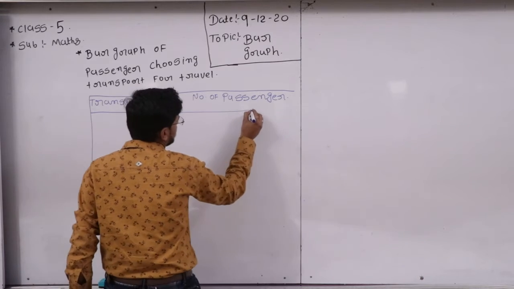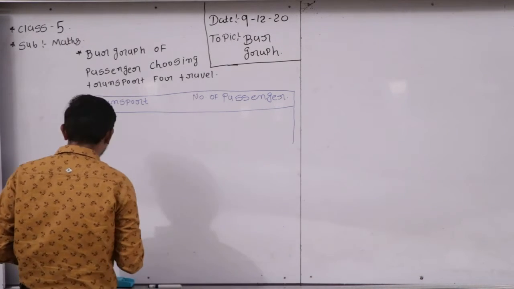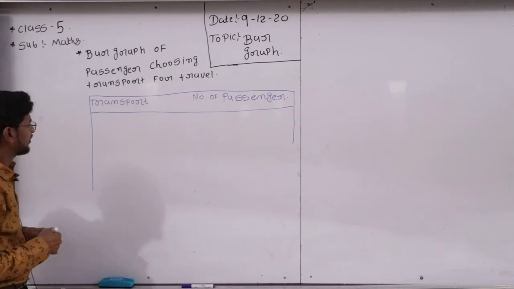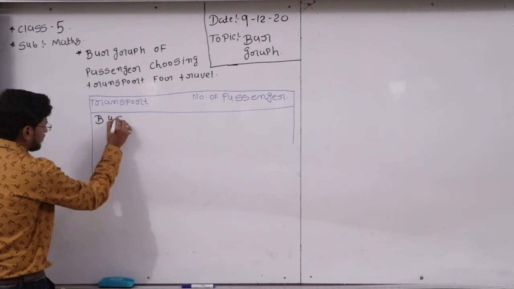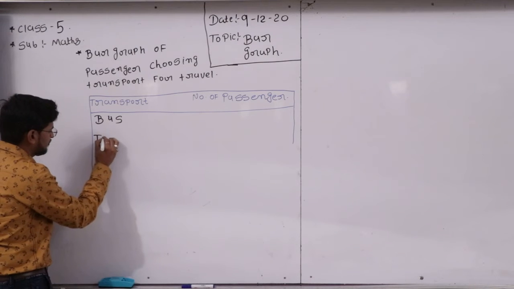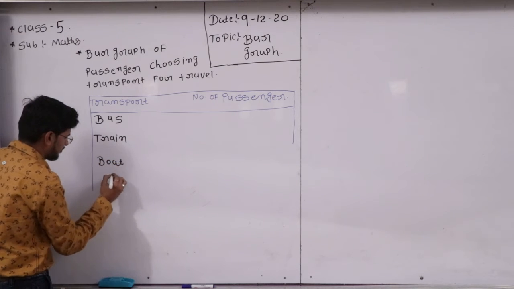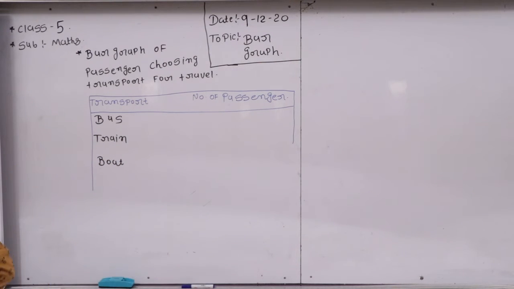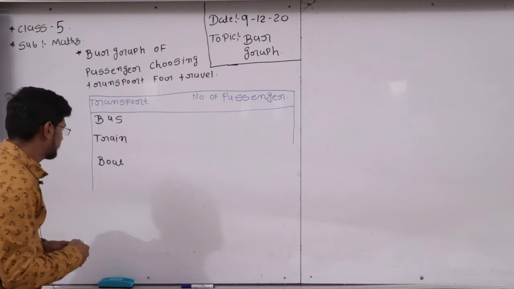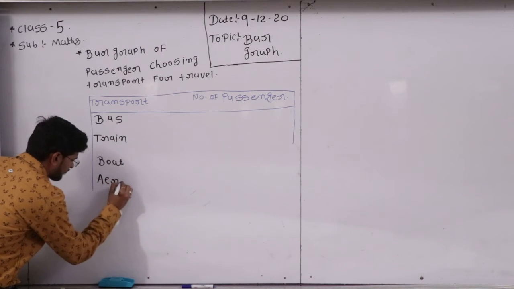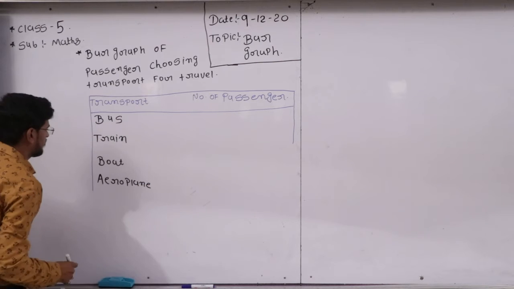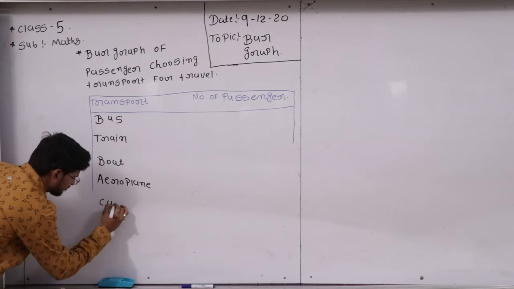First category of transport is bus. Next is train, third is boat, fourth one is aeroplane, means flight, and last one is car.